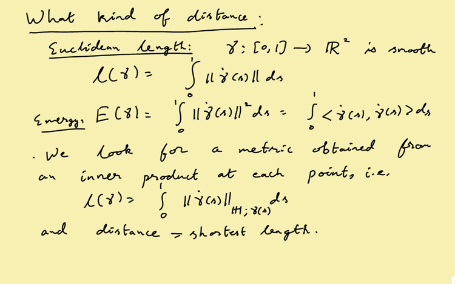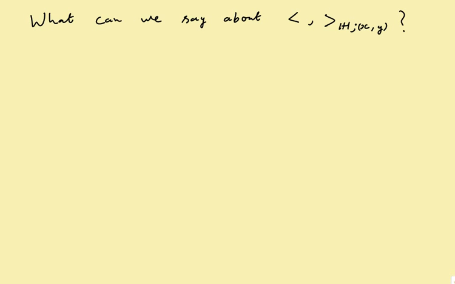Okay, what can we say about this inner product h, with a semicolon x? For now, I'll emphasize that it depends on the point x. Well, maybe I should say z or something. What do we know?